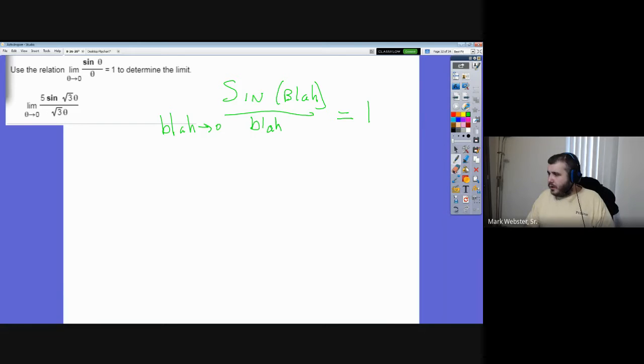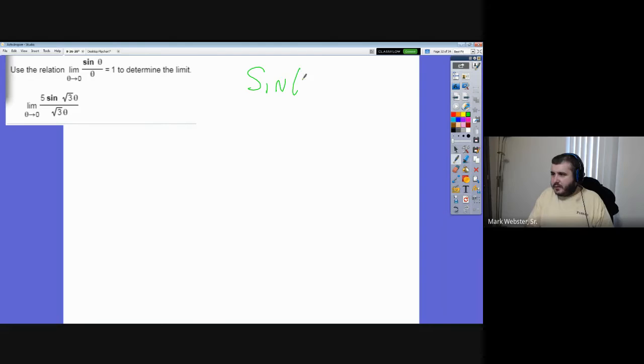So as long as whatever's on the inside of the sine here is the same as whatever's down here, the answer is 1. So for example, I'm going to go ahead and erase this. I hope that's okay. Sine of 2x over 2x. The limit as x goes to 0 is 1.